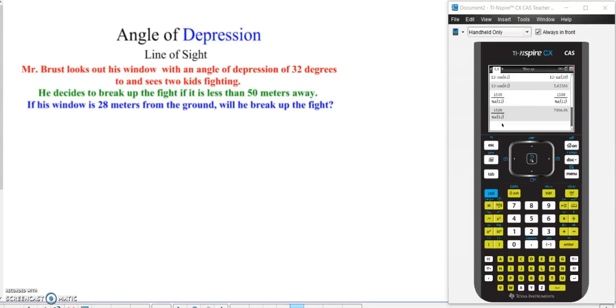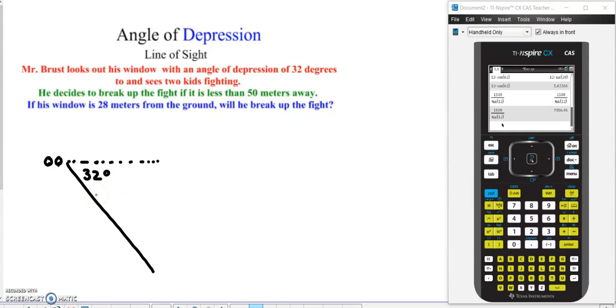This next problem is angle of depression, and it says that Mr. Bruce looks out of his window with an angle of depression of 32 degrees and sees two kids fighting. So I know that someone's looking out of a window. Here's our eyesight, and an angle of depression of 32 degrees. That's coming from his eyesight looking down.